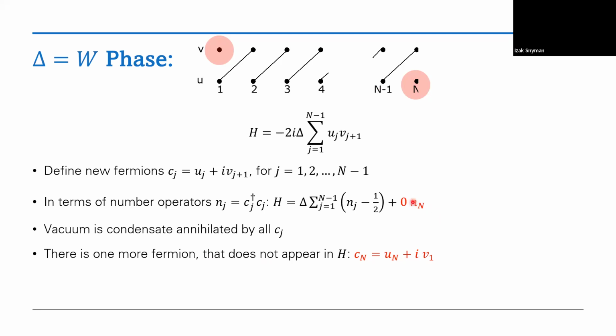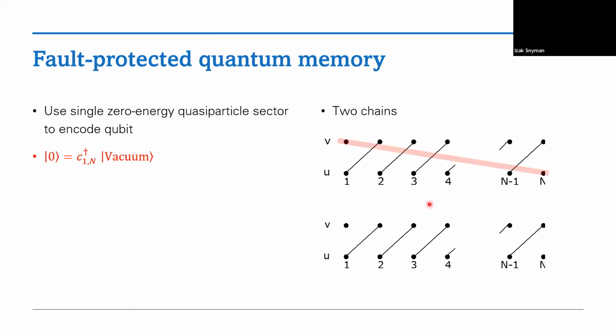So it has zero times the occupation number of that fermion. So that's a zero energy quasiparticle. Now if you put this on a circle, then there are no zero energy quasiparticles.